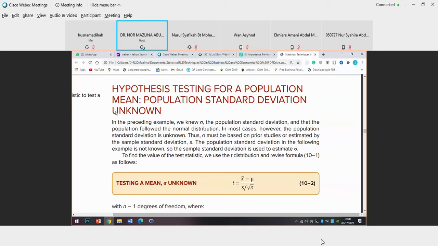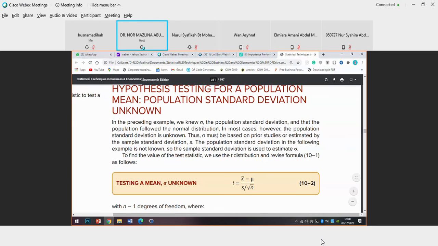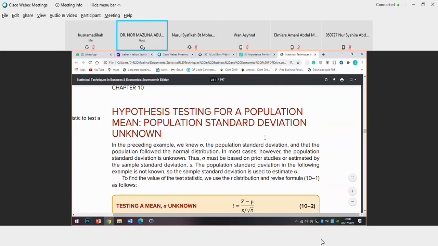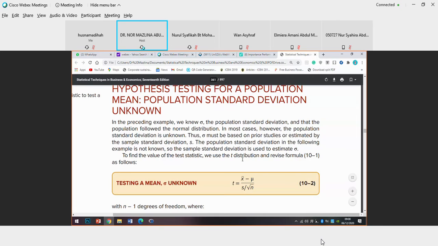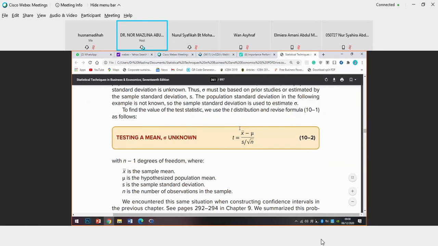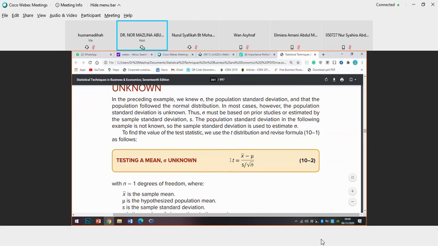Okay, anyway, the next part, kita selesaikan yang ni sikit and then lepas tu kita berhenti, kita sambung dekat WhatsApp group. Okay, now this is on using t-test. T-test lagi mudah lah daripada normal distribution sebab nak cari critical value dia sangat mudah.